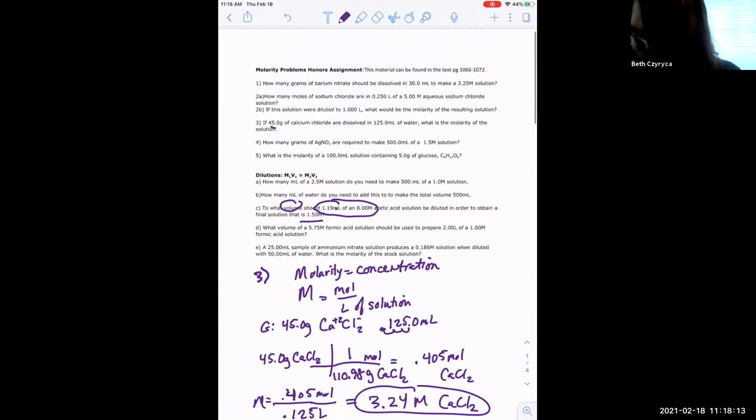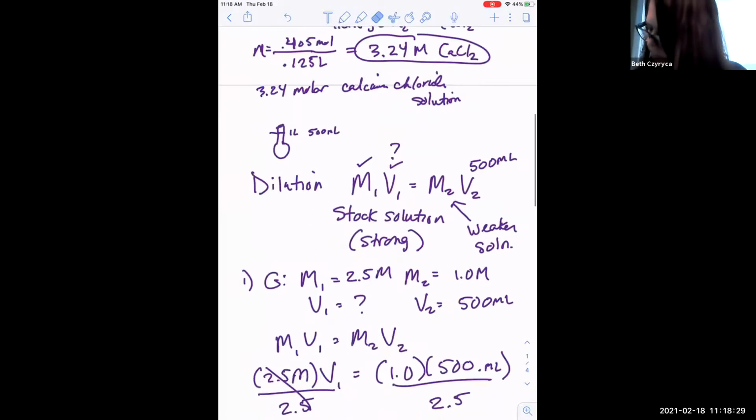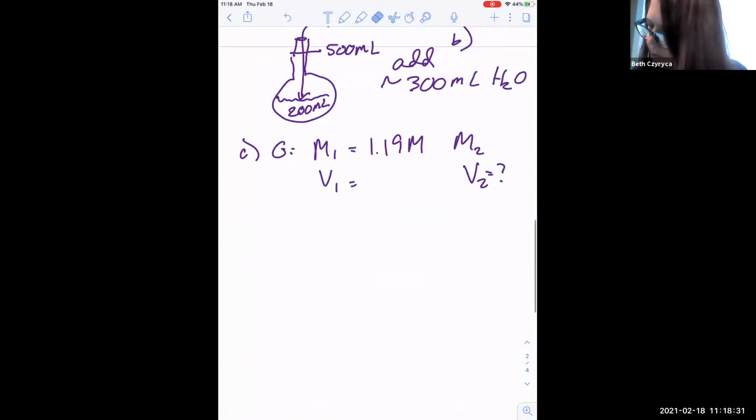I think that's supposed to be liters. 1.19 milliliters is a teeny tiny bit. Yeah, we'll just do it the way it is. 1.19 milliliters, 8 molar.